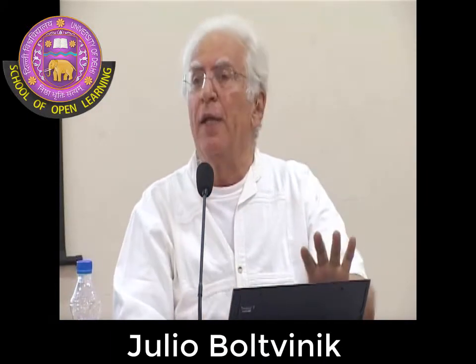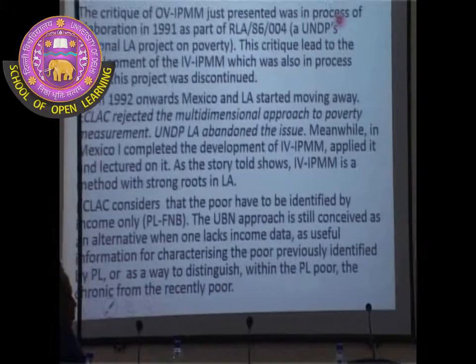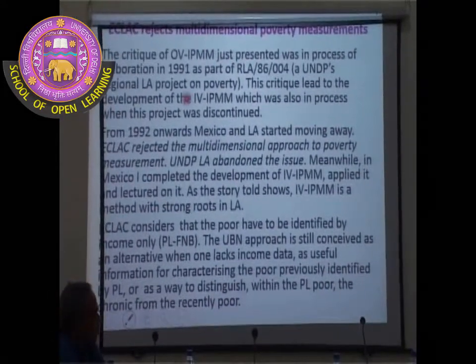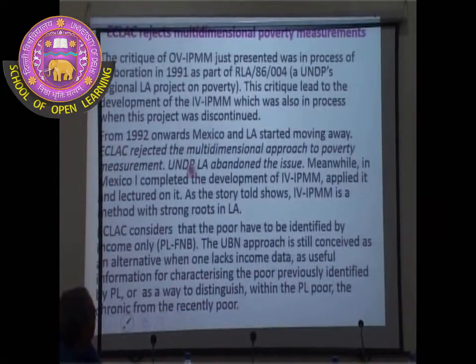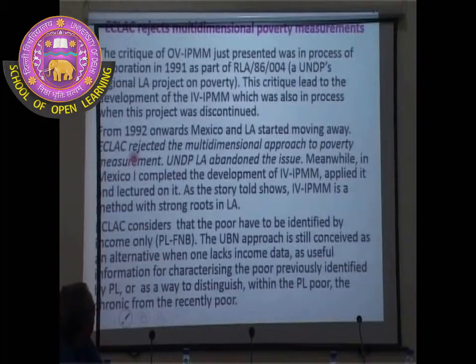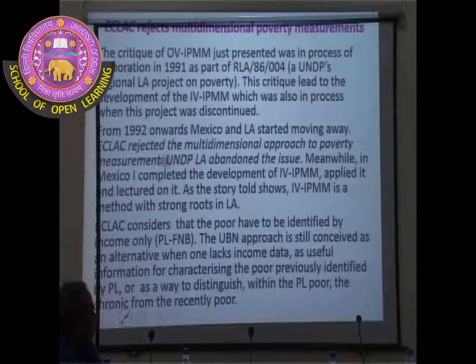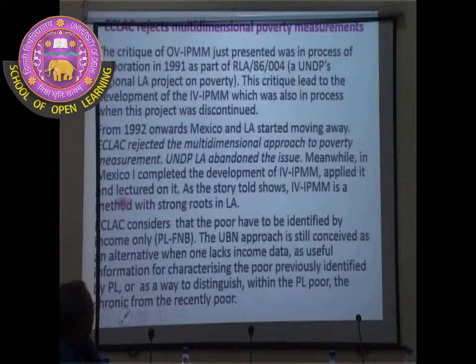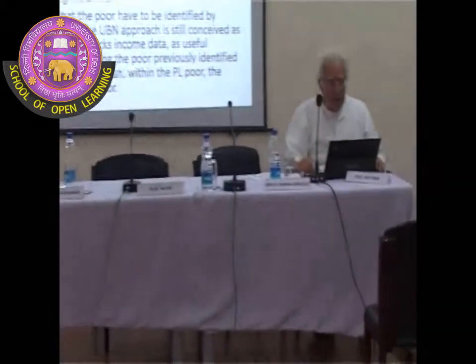So, the next step in the story: Mexico and Latin America move away in poverty measurement. ECLAC rejects multidimensional poverty measurement, as I have already told you. It was not only ECLAC.